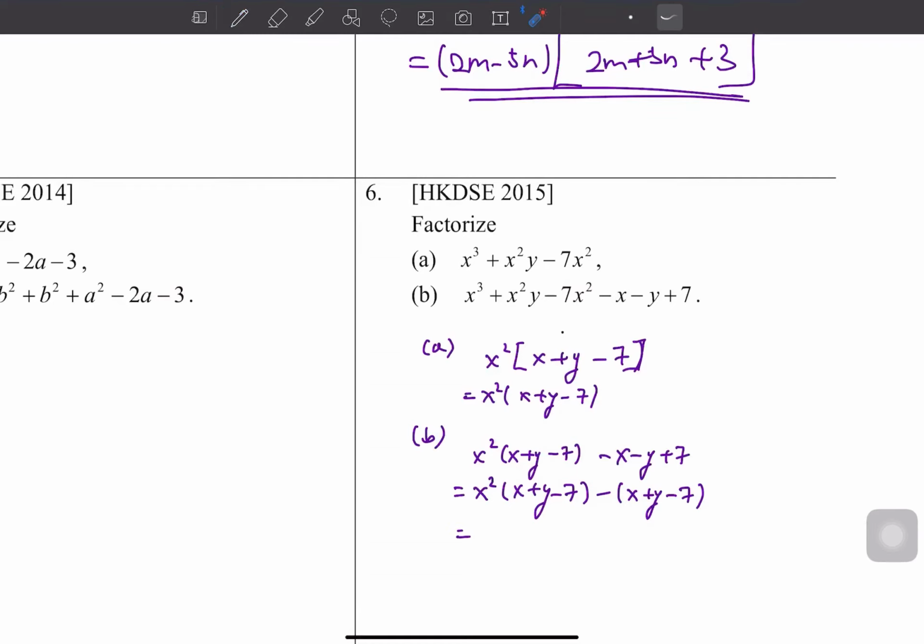Now I can find the common factor, so you can take it out. Finish? Not yet, because I find an identity, a squared minus b squared. So you need to factorize it completely by using identity.